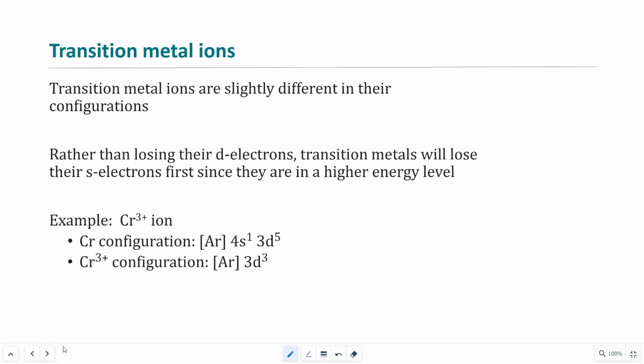So in the case of chromium, chromium's configuration as an s1 exception is argon 4s1 3d5. When it loses 3 electrons, the first electron it loses is the 4s one. The reason it loses this one first is because it is in the highest energy level.